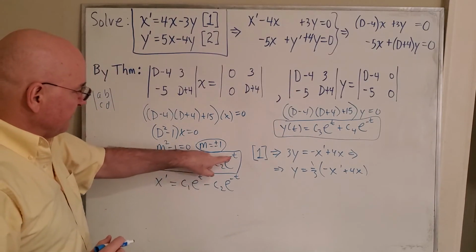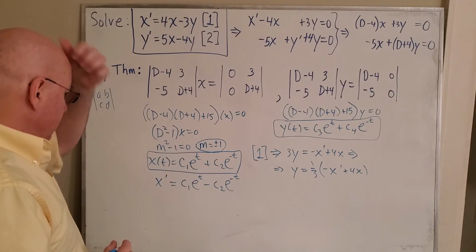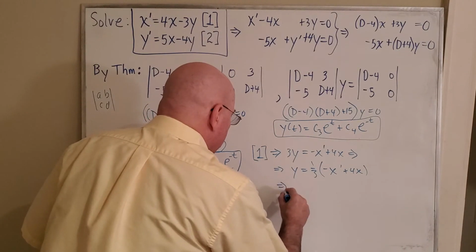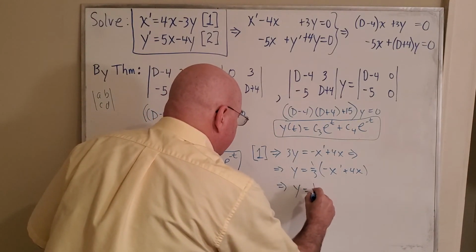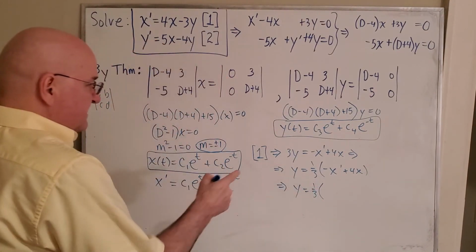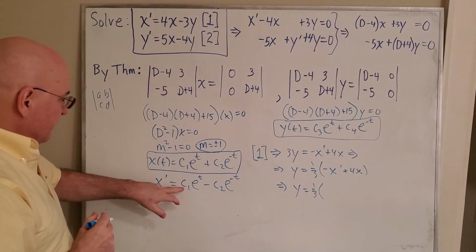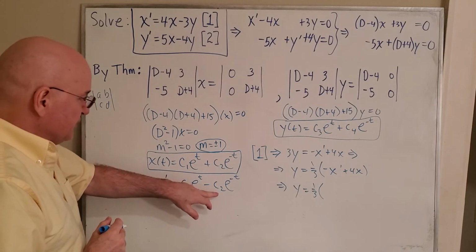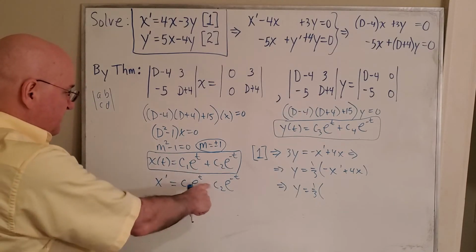Minus because we had to multiply this by a negative 1. So I'm going to use that fact. y equals 1/3 times, instead of negative x prime, I'm going to write negative c1 e to the t plus c2 e to the negative t. Just change these 2 signs.